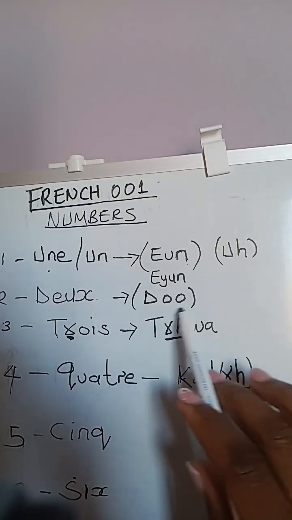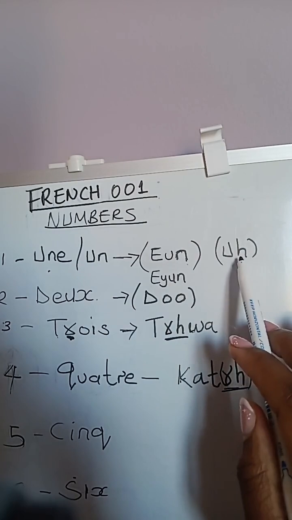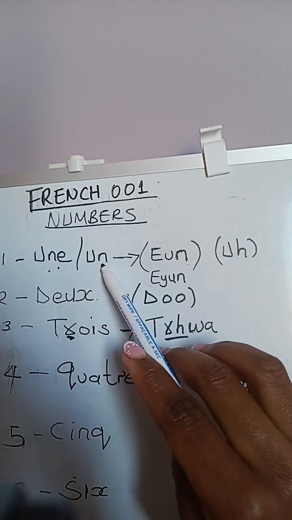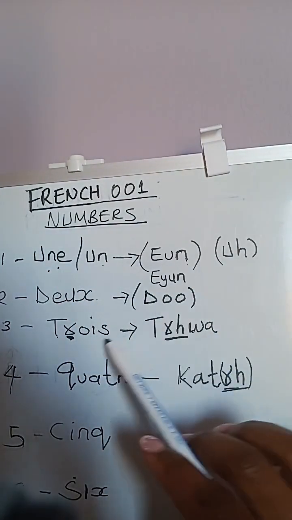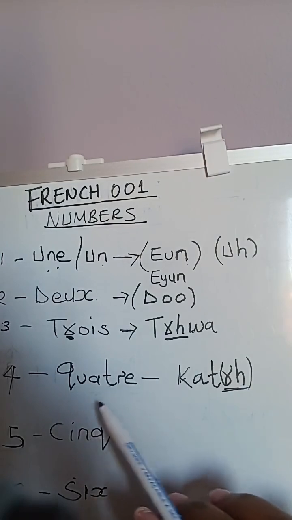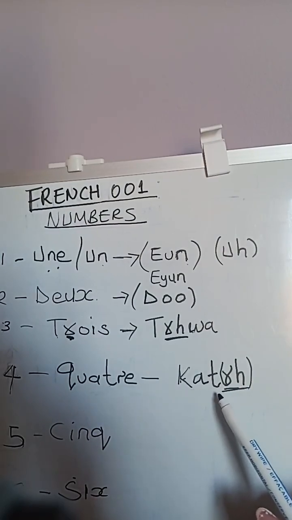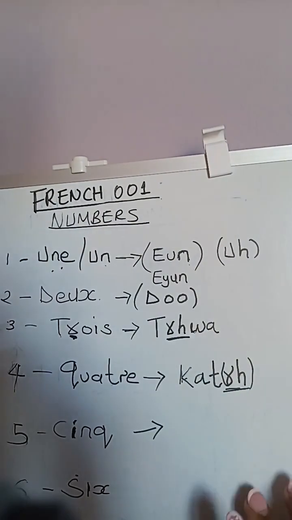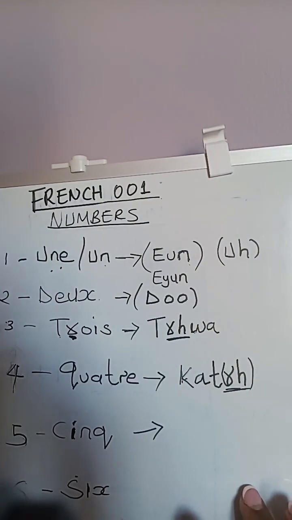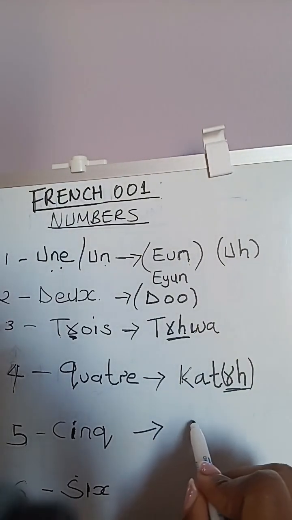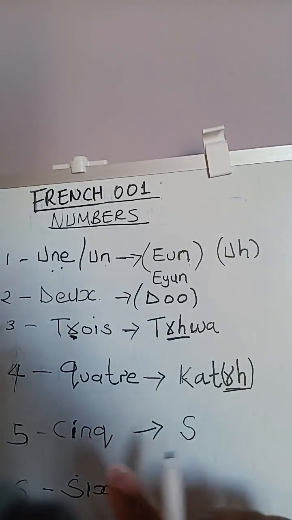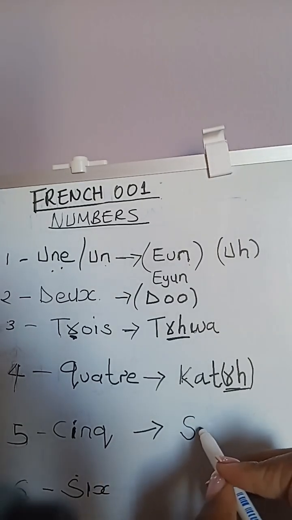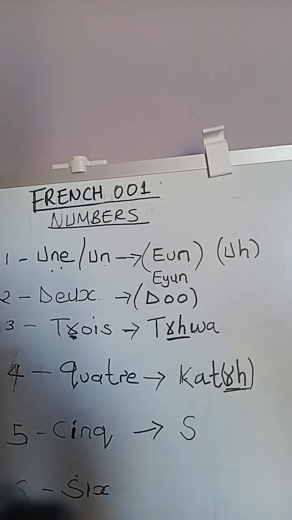Trois. Deux. Une. Un. Deux. Trois. Quatre. Cinq. So I try to write it like this. I see most of you are actually getting it. It sounds like the past tense of sink.